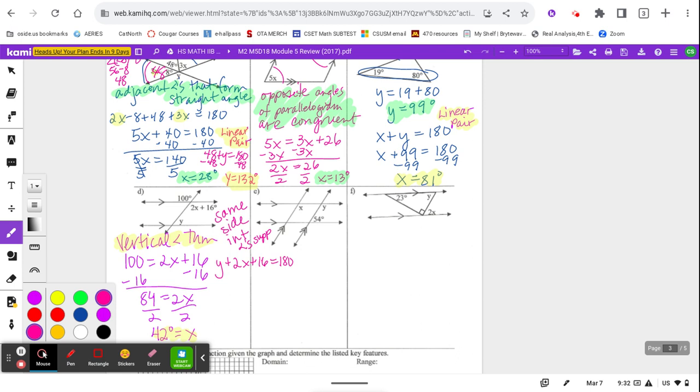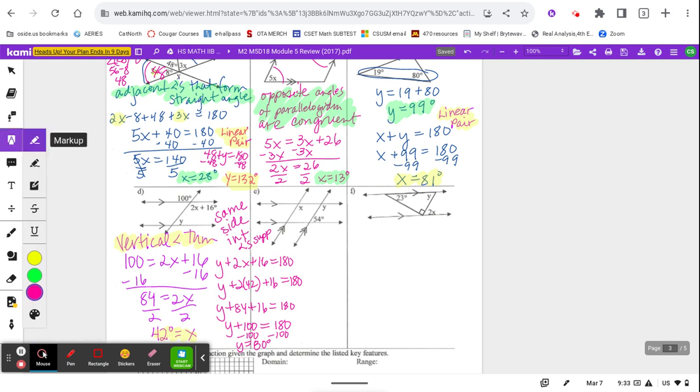Well, I just got what x is, so I can do 2 times 42 right here. And I got that y is equal to 80 degrees.